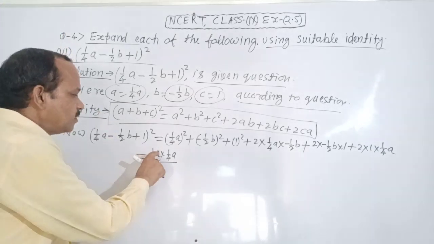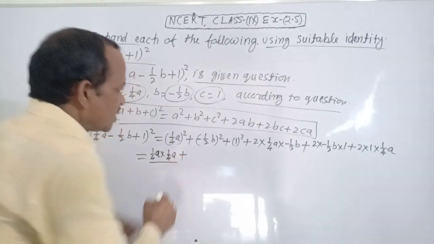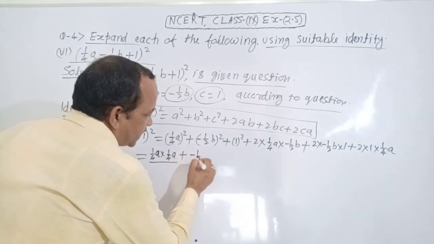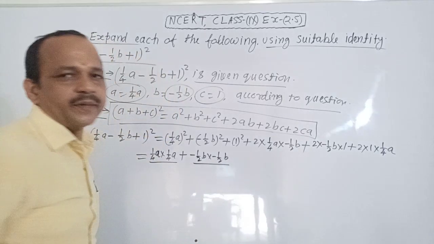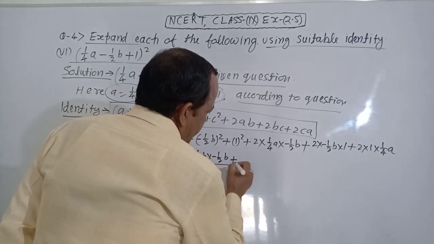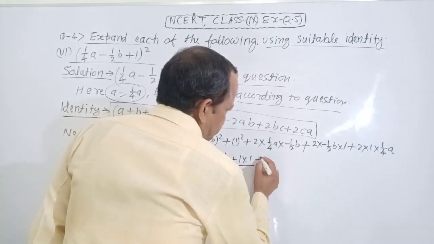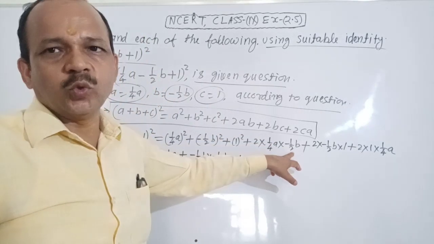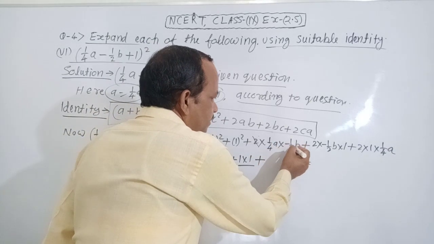Plus (minus 1/2b) whole square means minus 1/2b multiply minus 1/2b, 2 times. Plus 1 whole square means 1 multiply 1, 2 times. Plus here you can cut 2 and 2.